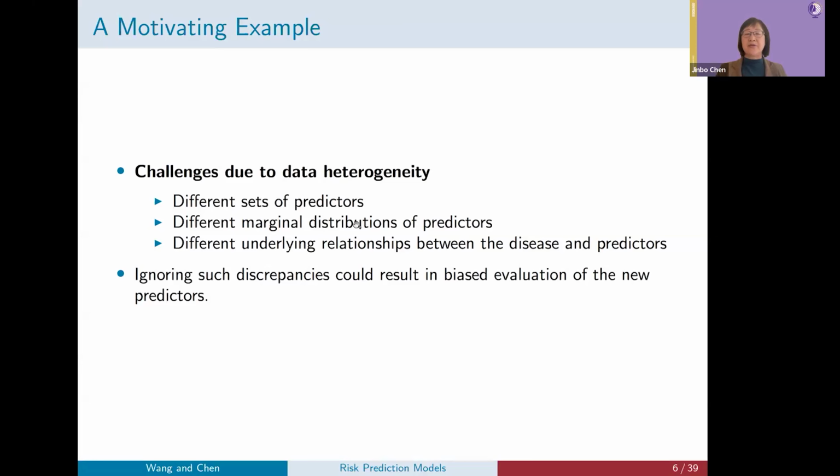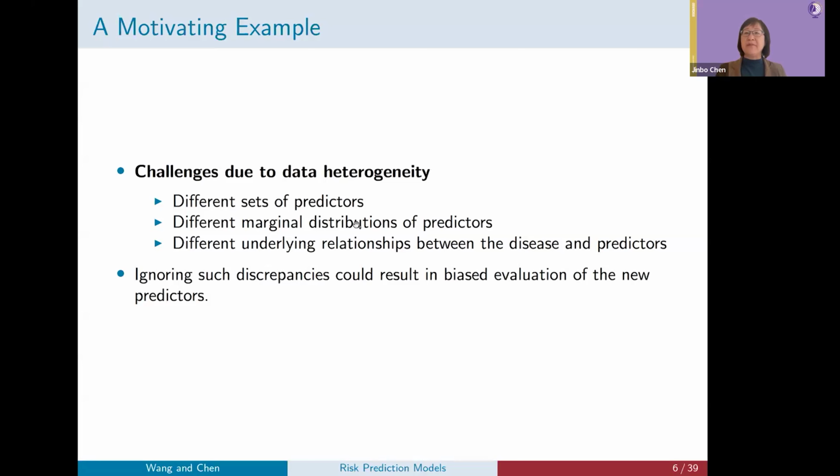It's very possible that the relationship between breast cancer and the predictors is also different from the general population. For example, if the general population is a Caucasian woman population, then the association between breast cancer risk and the predictors in the biobank may be systematically different.